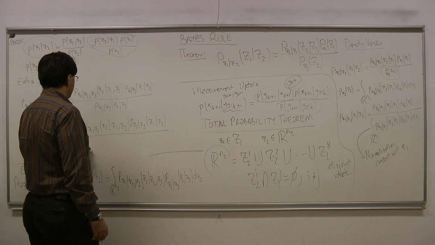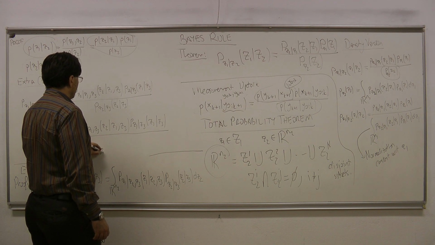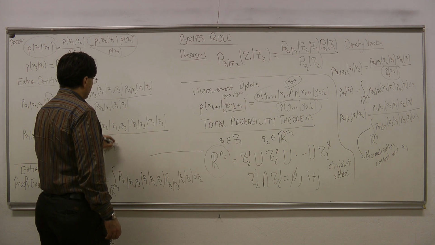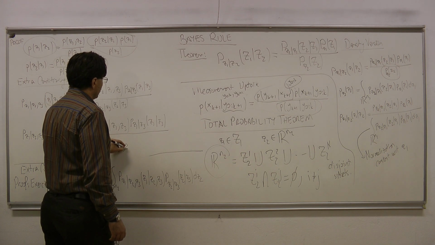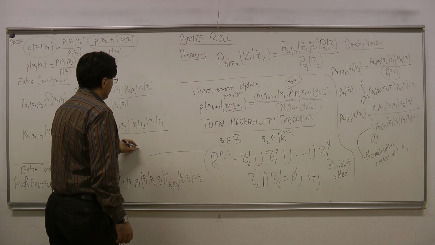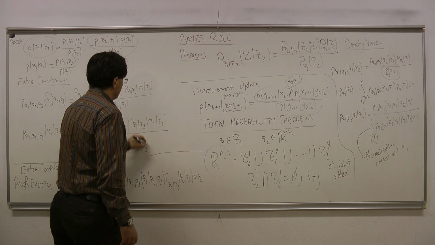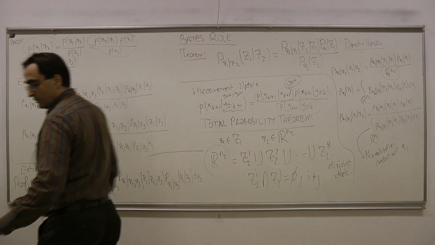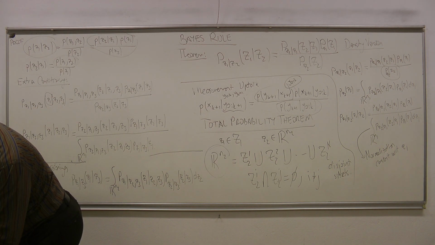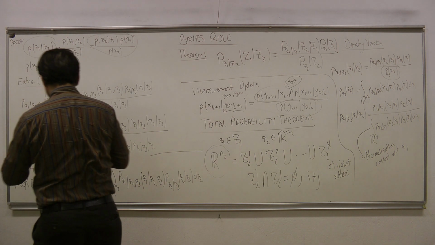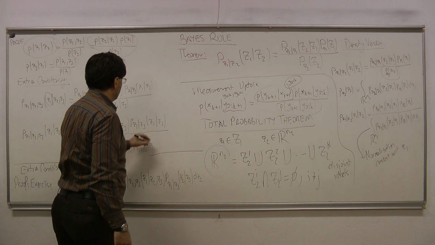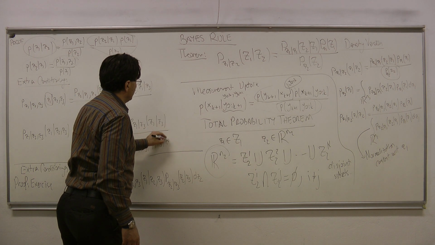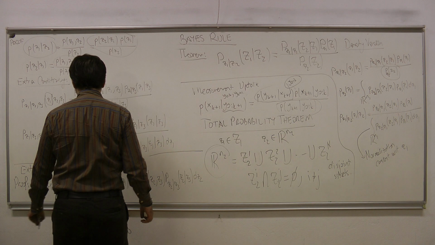So I will repeat here everything: Z2 given Z1, Z3, P of Z1 given Z3, dZ1, okay?